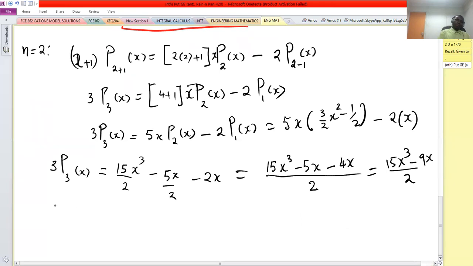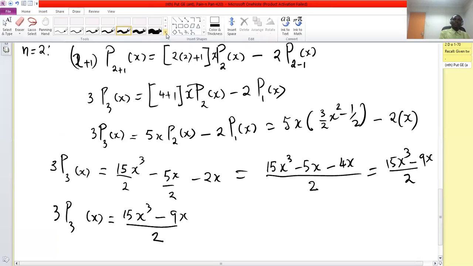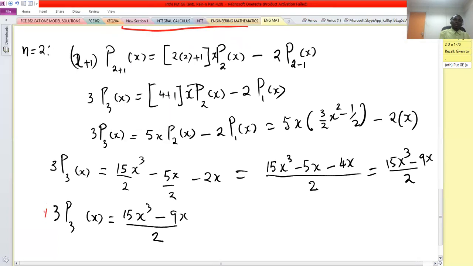So 3 P3 of x equals 15x cubed minus 9x over 2. And then to get P3, you multiply both sides by 1 over 3.